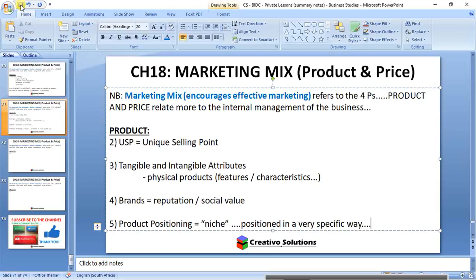So now you have a perception that's different to maybe 10 years ago, 5 years ago, 20 years ago. Right, and what does that focus on? Focuses on how they positioned or how they created a niche for that specific product. All products are in a niche, but they're all in either a very small niche or very big niche.